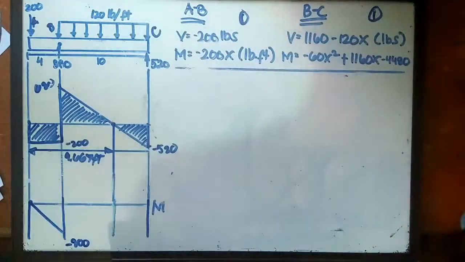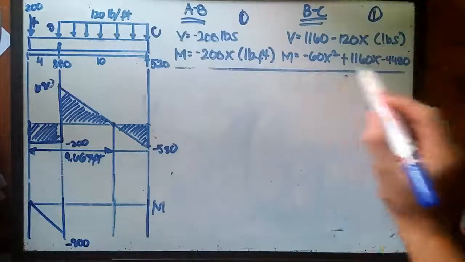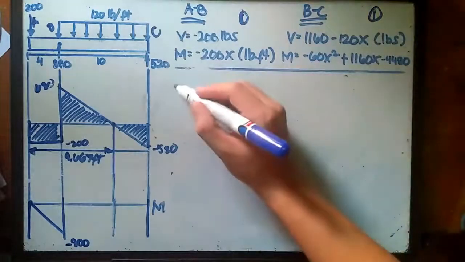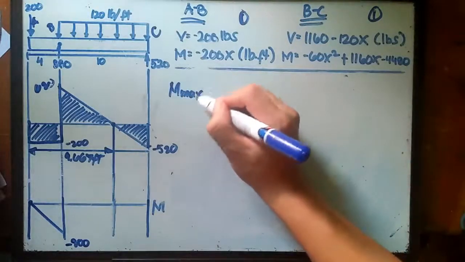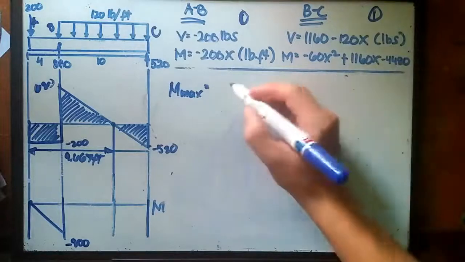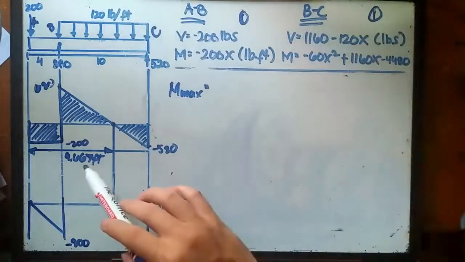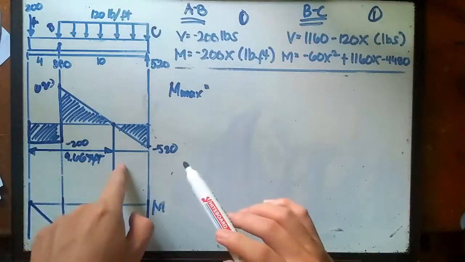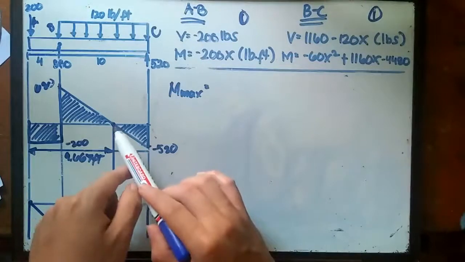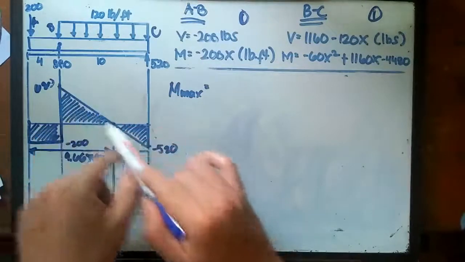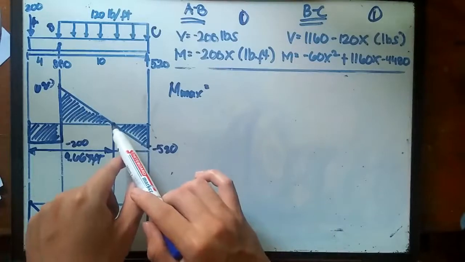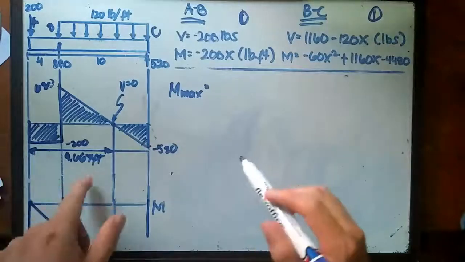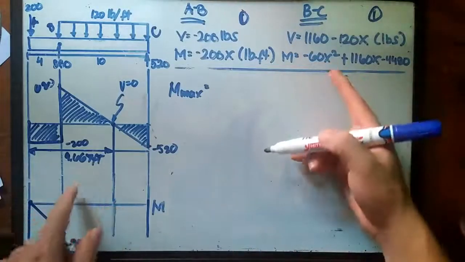What we need to do next is to use this formula so that we can solve for the maximum bending moment. So M sub max is equal to this formula and replacing it by 9.667 feet. Okay, because this is the location from point A to this portion of the beam. As you can already see here on the diagram, that is going downward, and then this intersection line here, where at this portion V is equal to 0, because that's constant, we can replace x here by 9.667.